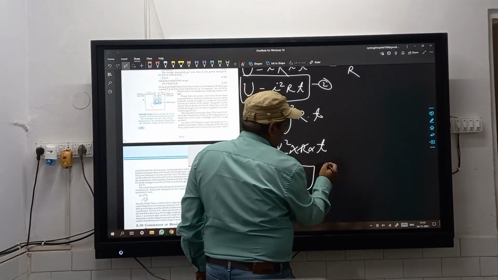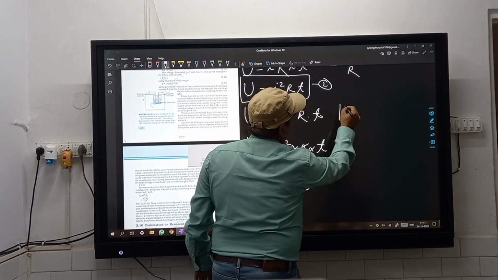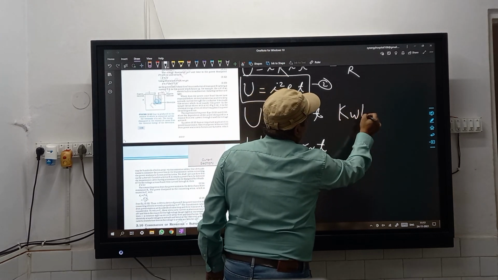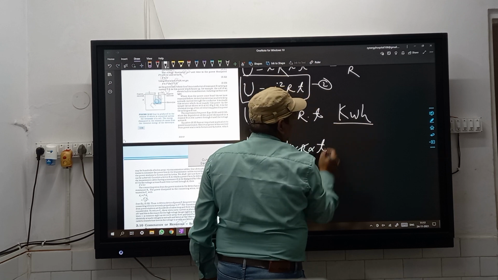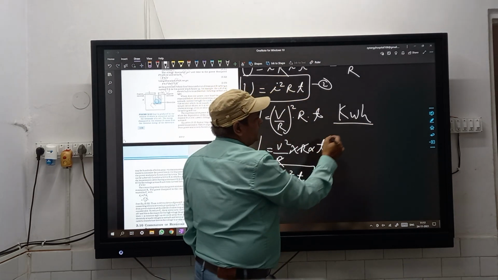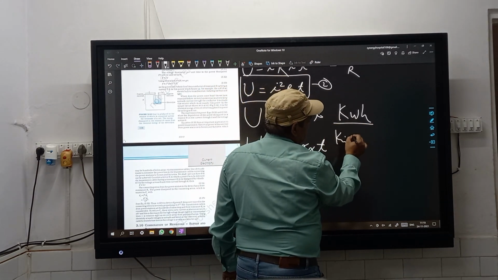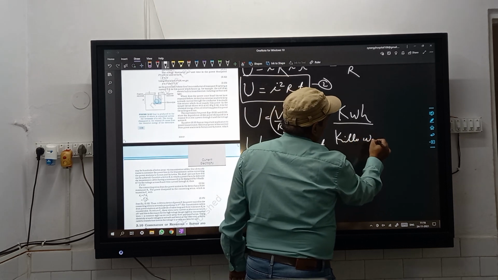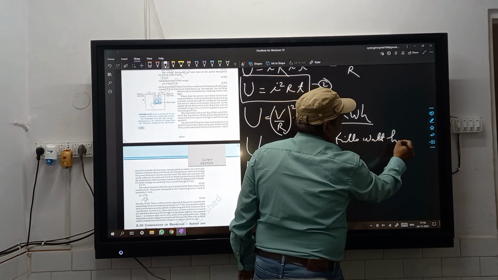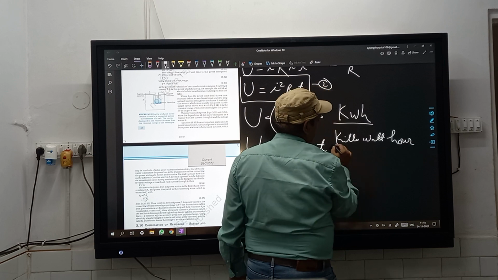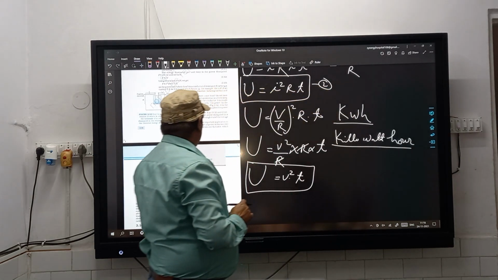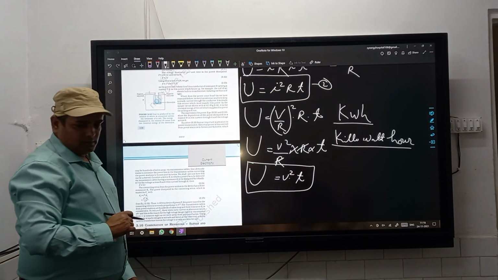That is called kWh, kilowatt hour. ठीक है. This is kWh.